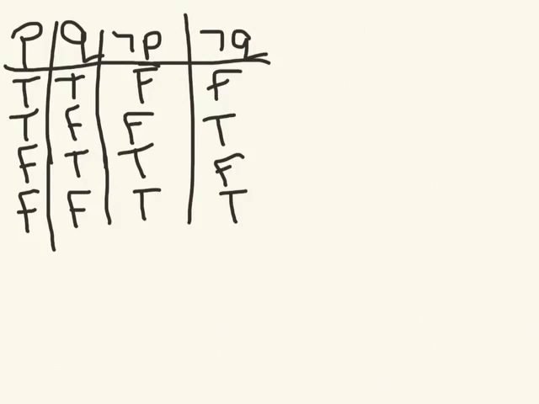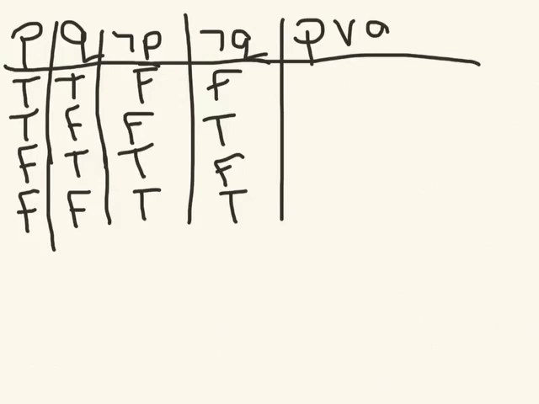Then we get more interesting, like what do the words and or mean? So what does it mean for a statement to be true if it's an or statement? Or means either.